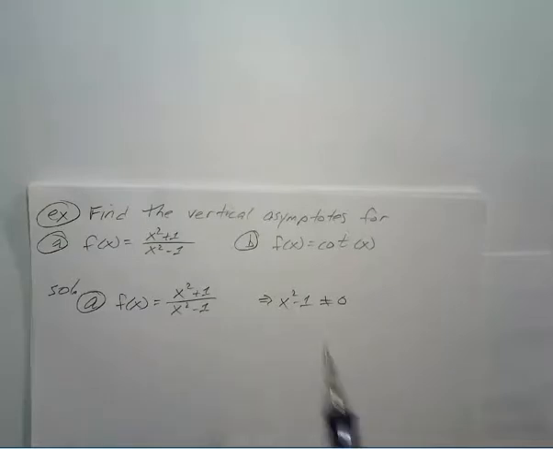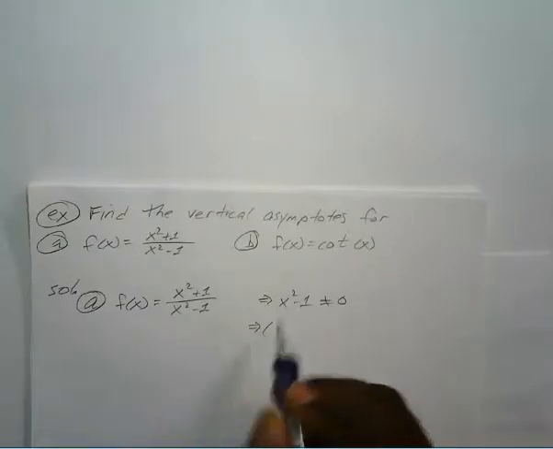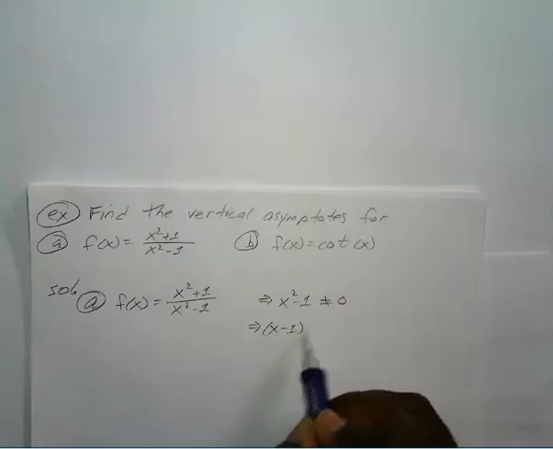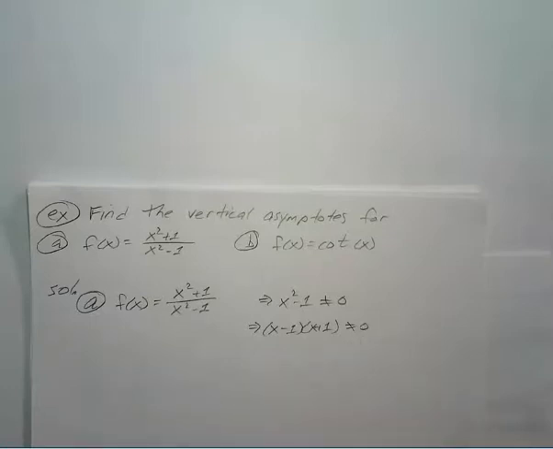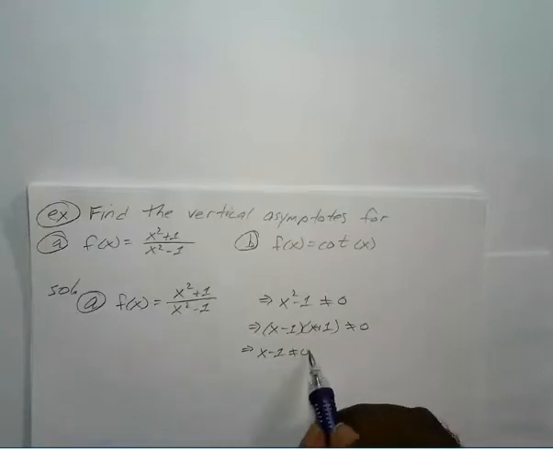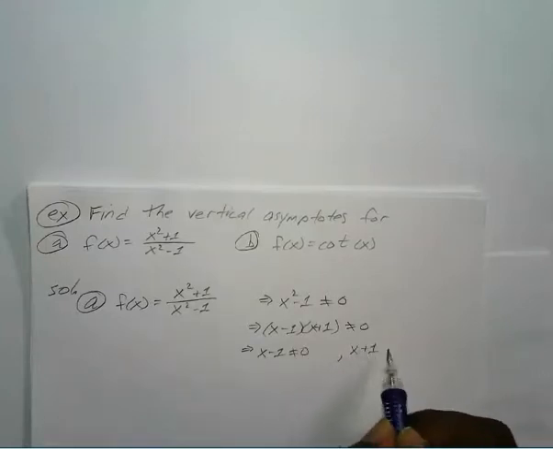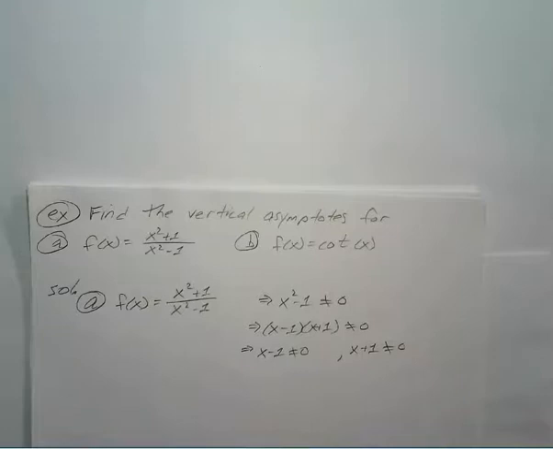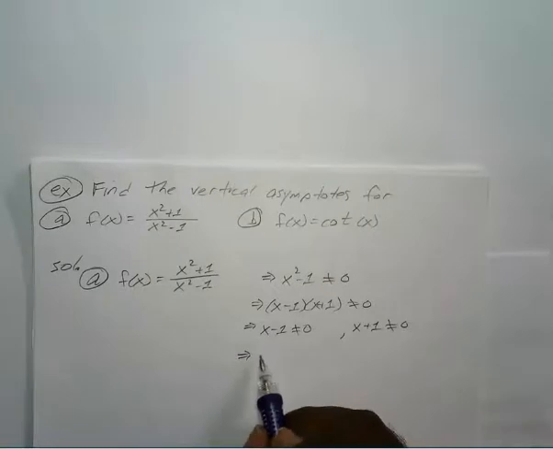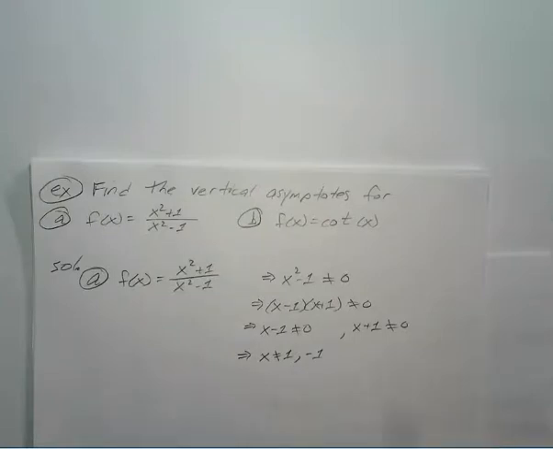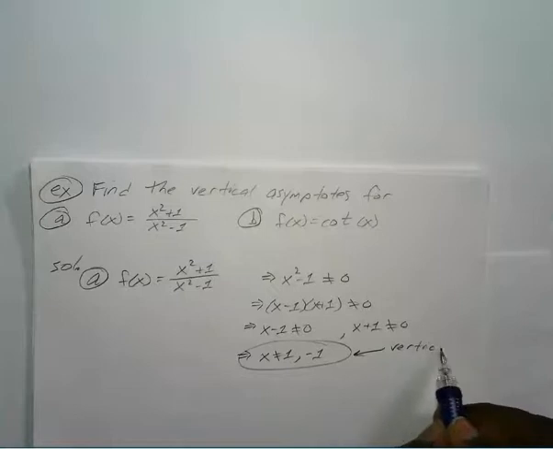Since this is a difference of squares, it factors to x minus 1 times x plus 1 can't equal 0, which means x minus 1 can't equal 0 and x plus 1 can't equal 0. So in other words, x can't equal 1 or negative 1. Okay, so these are your vertical asymptotes.